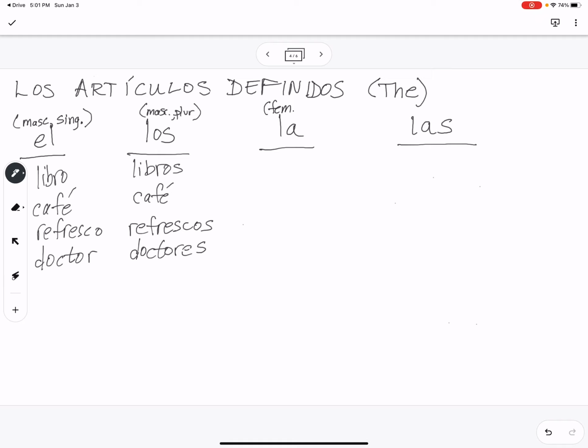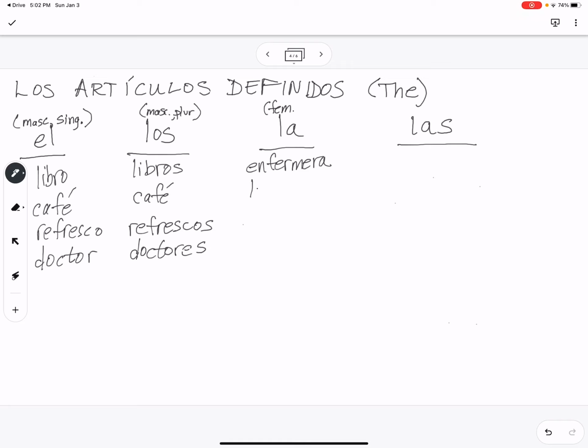And remember, we said that feminine words tend to end in the letter A, or the letter combination ion with an accent over the O. So a couple of examples of words that would use la to mean "the" would be, let's see, la enfermera ends in an A. So that would be la enfermera, which means the nurse.